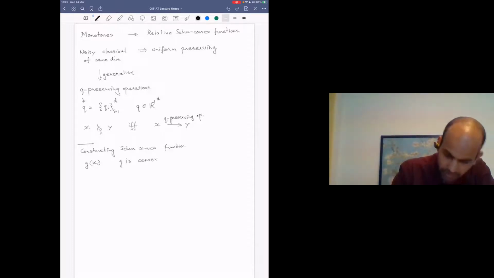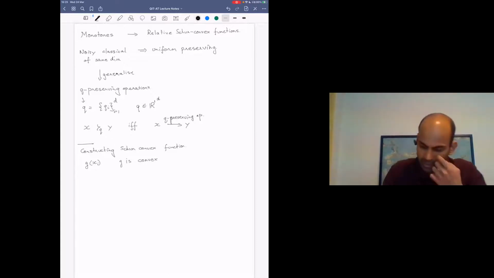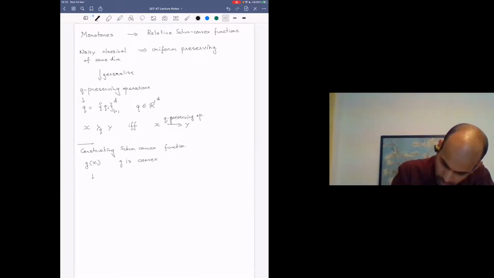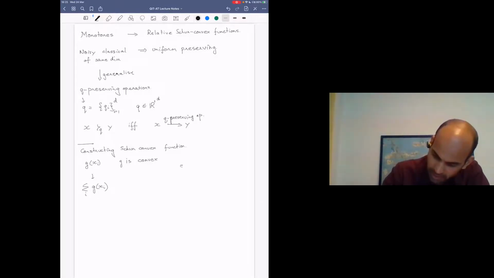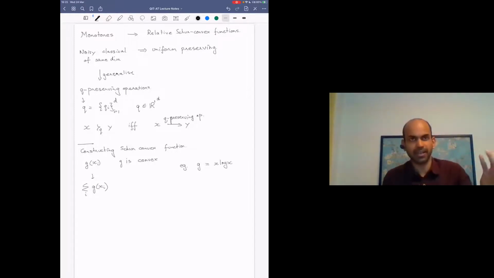So this is just a function from the real numbers to the real numbers. And then we sum it over the elements of the vector. This is the easiest way to construct a Schur-convex function. You simply take a normal convex function and you just sum up the values of that function for all elements of the vector. So for the entropy, for instance, the example is g equal to x log x. This gives us the negentropy, which is a Schur-convex function.